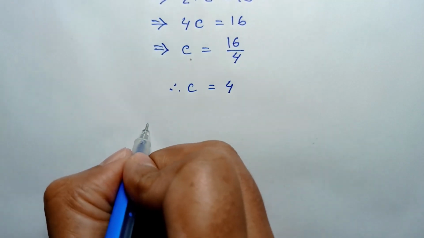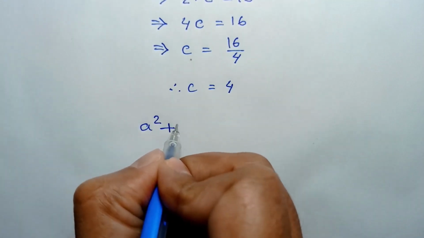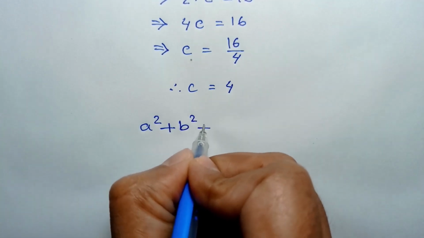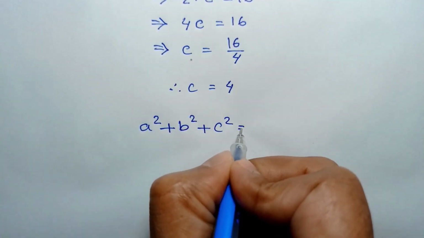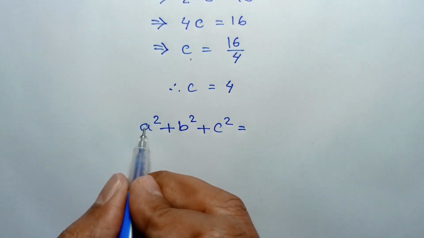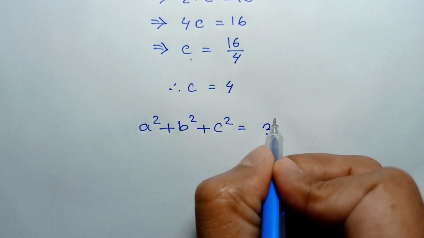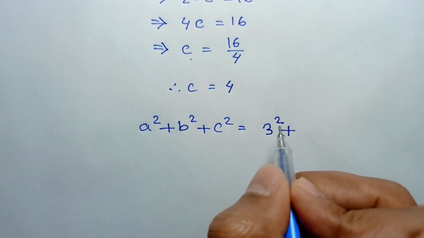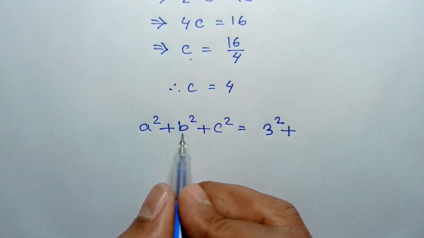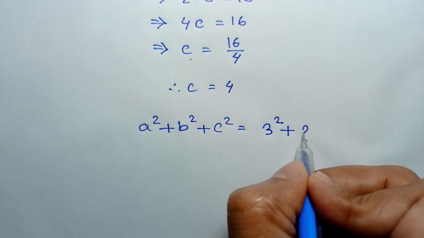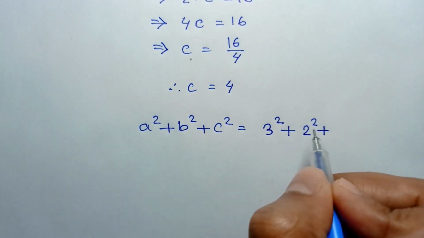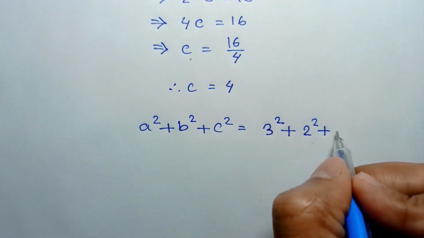Now the value of a square plus b square plus c square is, the value of a is 3. So substituting here, we can write 3 square plus the value of b is 2. So we have 2 square plus the value of c is 4.